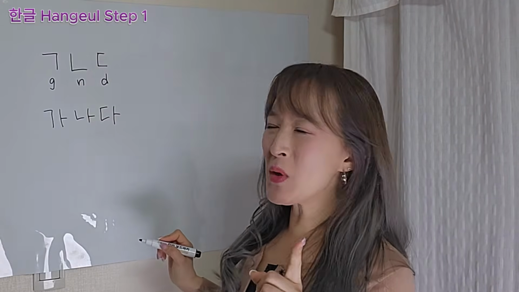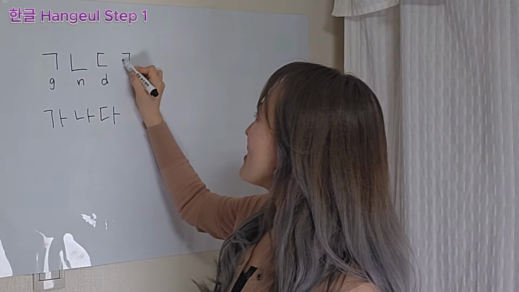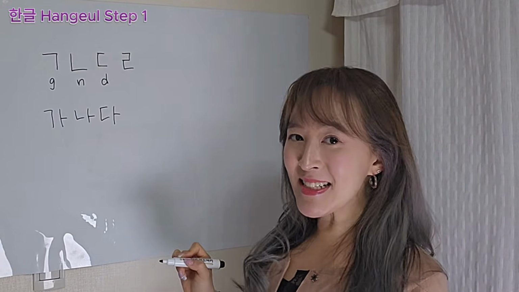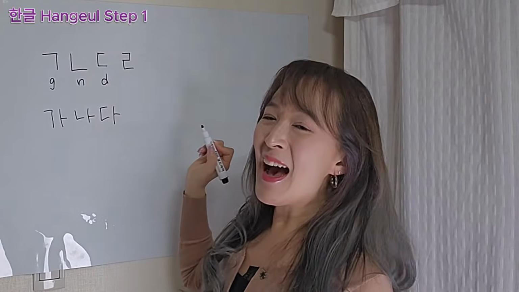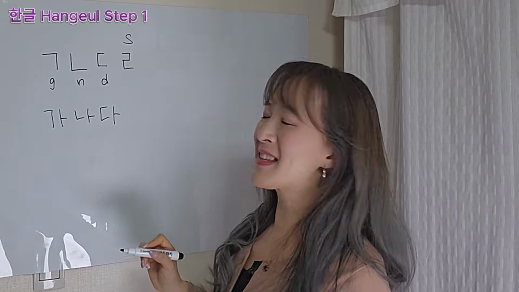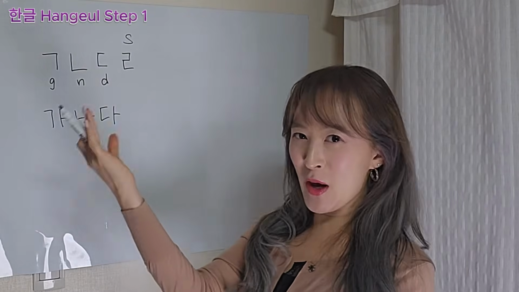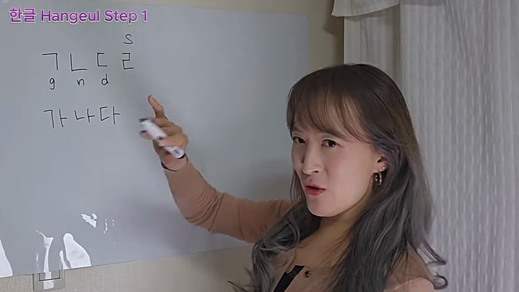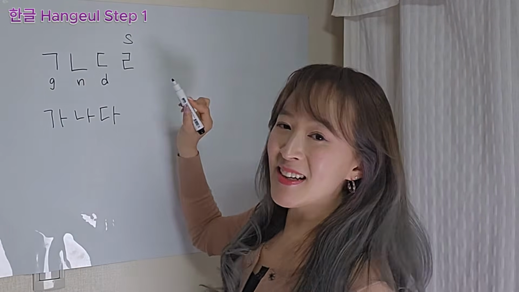And this next one is a little confusing. This is 리을, 리을. I noticed some people get this confused with S, but it's actually the other way around. So if you get confused, just remember S the other way around is 리을.